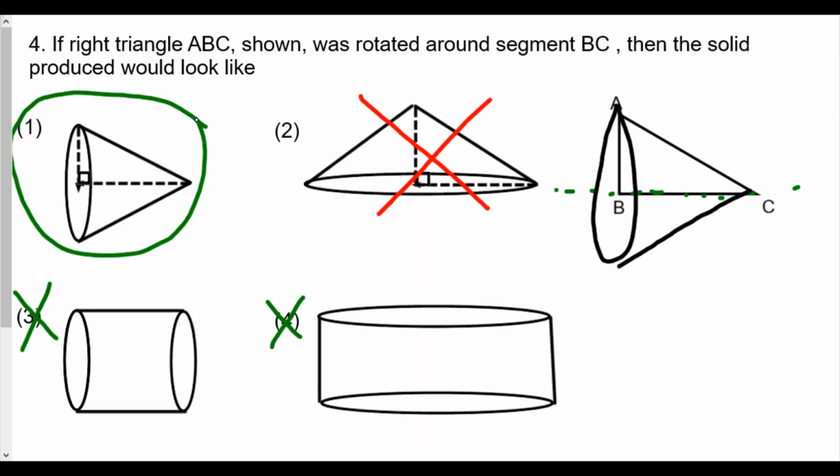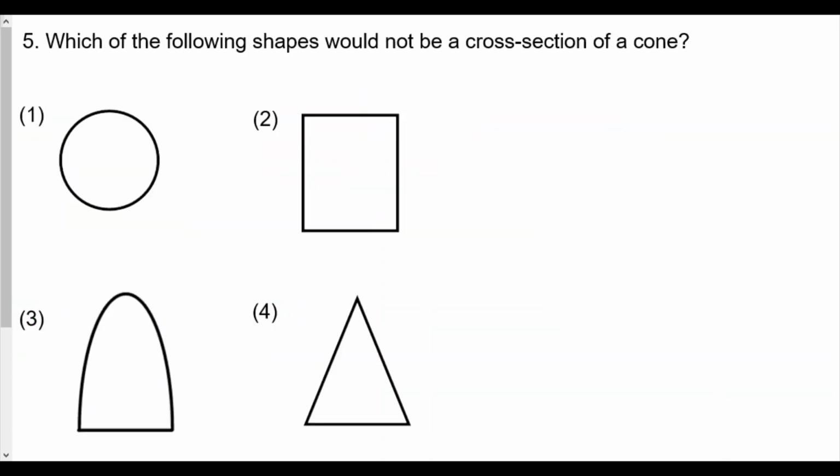Okay, question number 5. Which of the following shapes would not be a cross section of a cone? So let's come up with a cone. A cone would have a base that's a circle, so it's an oval, if you will. So here's our oval base, and it's going to end up meeting at a point on top.